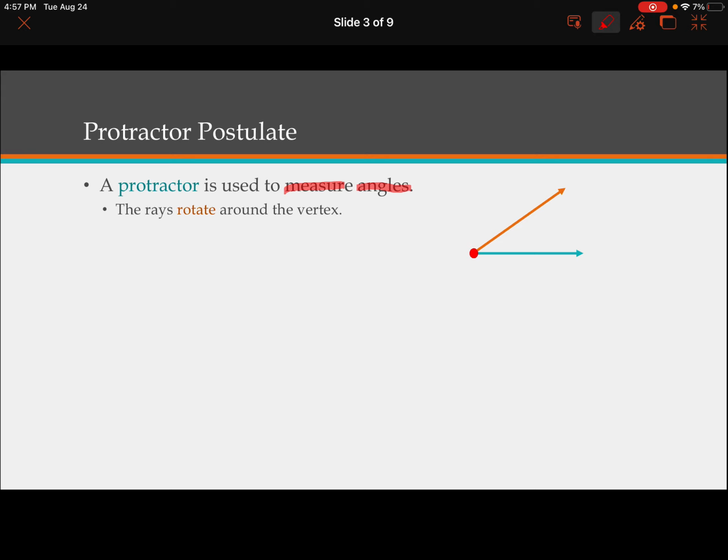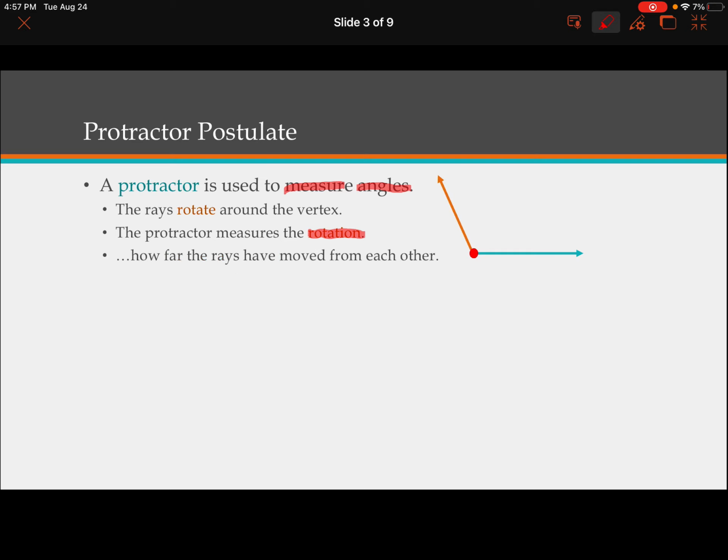If we rotate that around, that's the exact same orange arrow, but because it's in a different direction, it makes a completely different angle. What a protractor measures is that rotation, how far apart those rays have been rotated from each other.